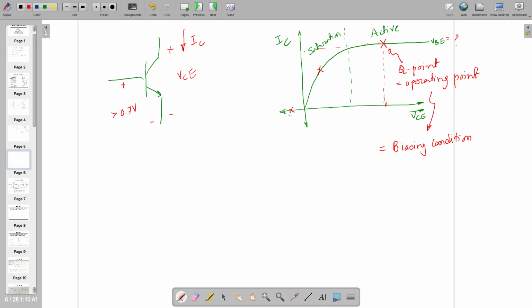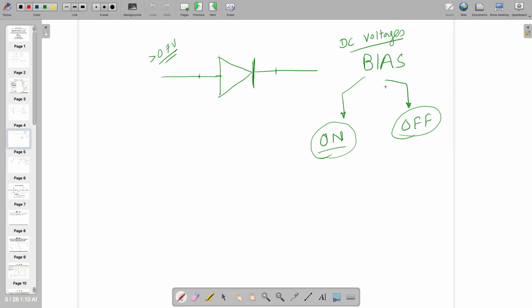So that is known as bias. Where you are biasing will make sure that your transistor is in saturation mode, active mode, or in cutoff. So it depends on that condition. Similarly, like in your diode, where you are making an on condition and an off condition, which you call forward and reverse, the same thing is happening here.